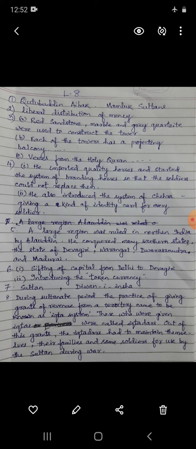No wonder that such an old building has lasted so many centuries. Verses from the Holy Quran and some intricate carving with floral motifs are inscribed on this tower.